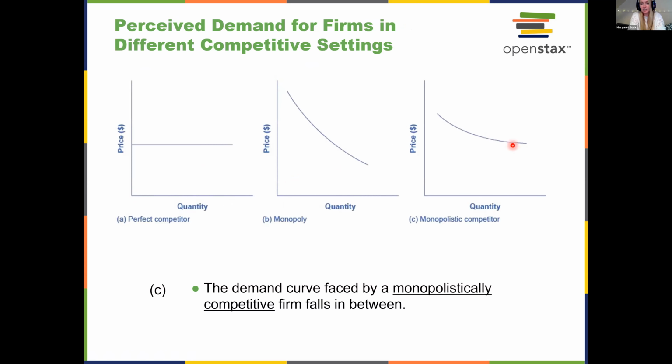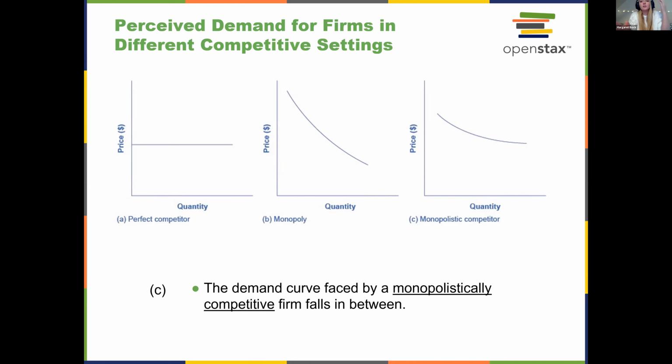And monopolistic competition falls in the middle of these two market structures, which makes sense because it falls in between them on that competition spectrum that we keep talking about in all of these videos.